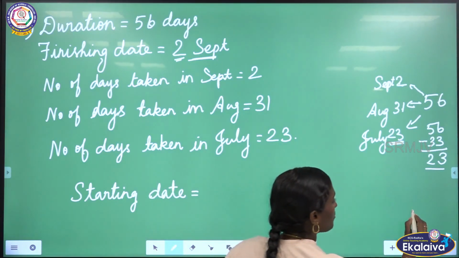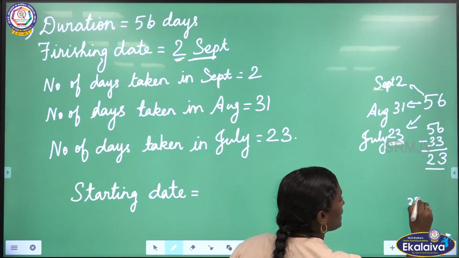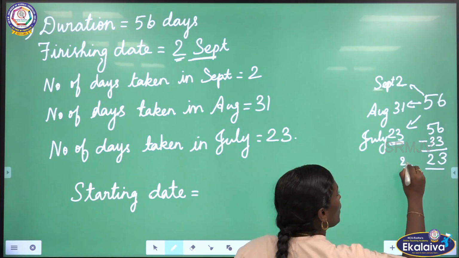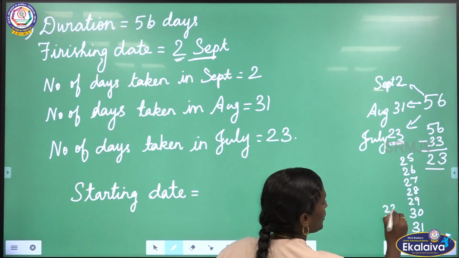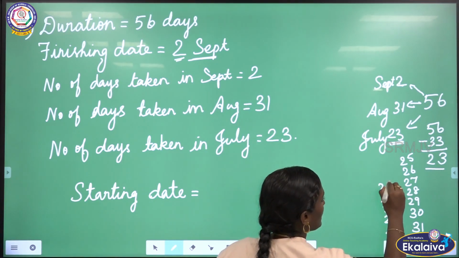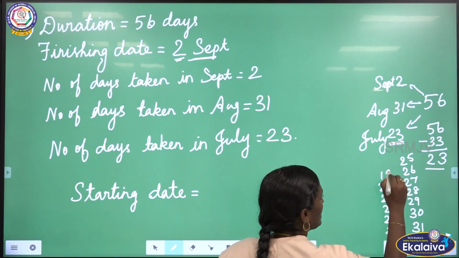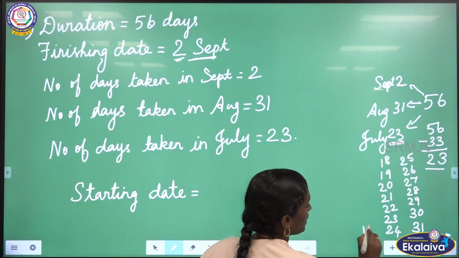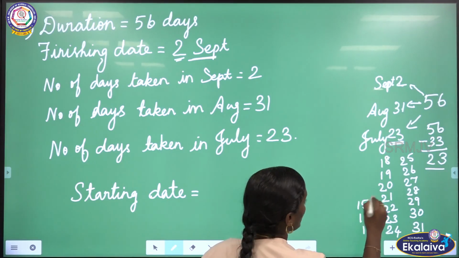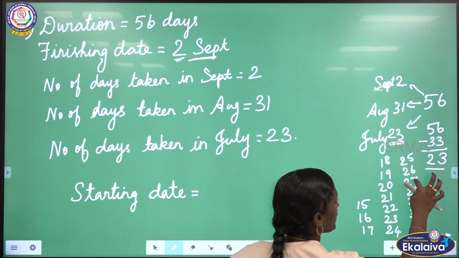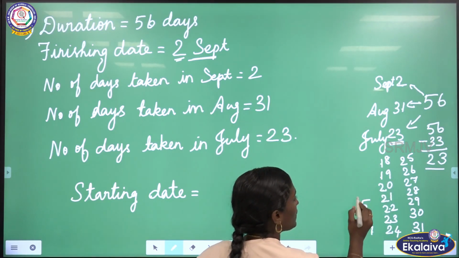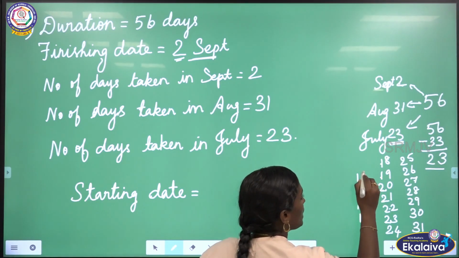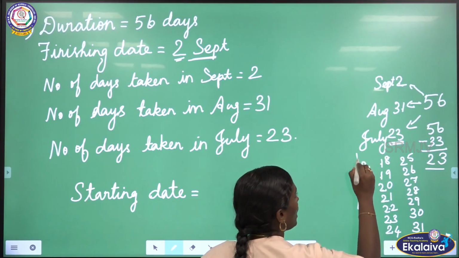Okay, so 31, 30, 29, 28, 27, 26, 25, 24, 23, 22, 21, 20, 19, 18, 17, 16, 15, and so on, counting the 23 days backward.